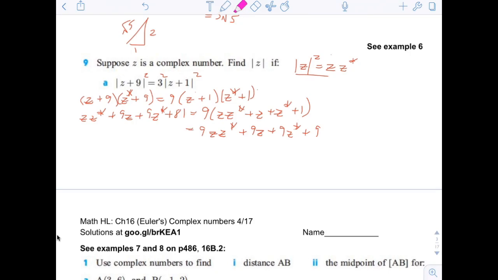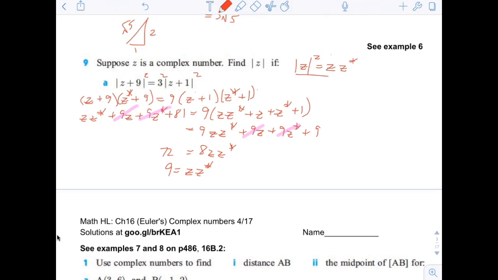Now let's cancel out like terms. 9z and 9z conjugate cancel out. We have 8 z z conjugate if we subtract 1 z z conjugate from both sides. And we have 72 on the left if we subtract 9 from both sides.